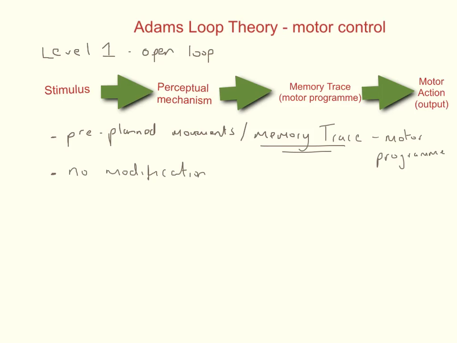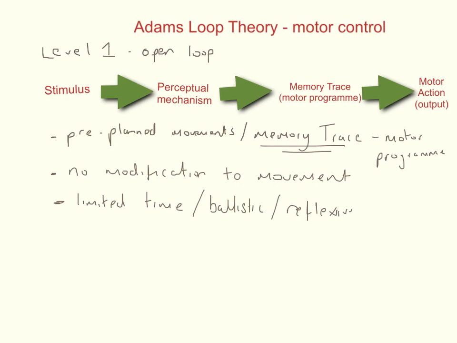So once we set that motor program in place, we can't change it, we can't modify it. Okay, and this is because the movement happens so quickly, because it's usually a ballistic or reflexive movement.